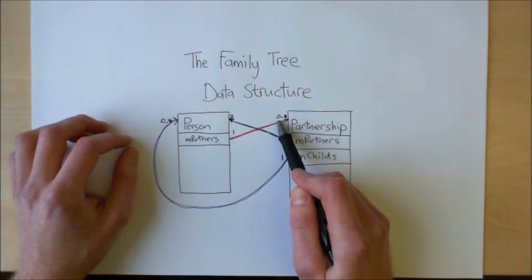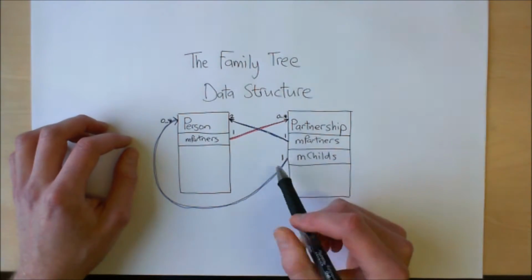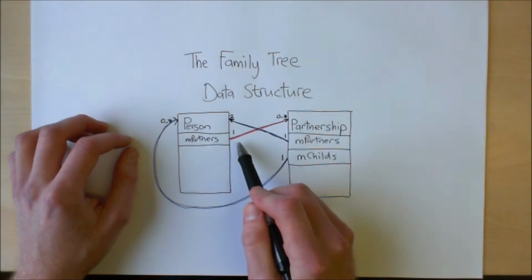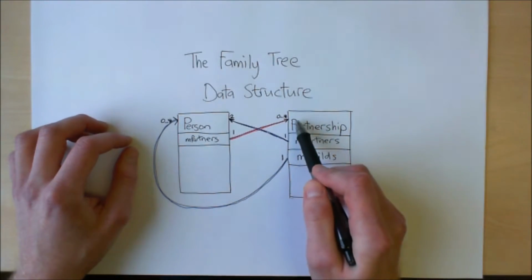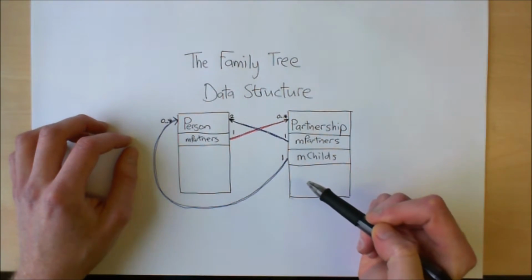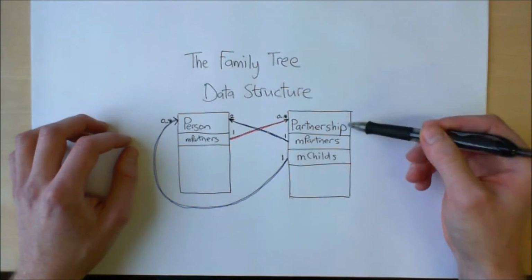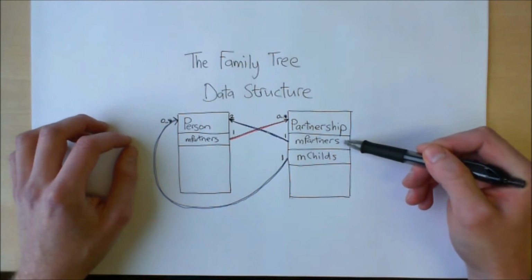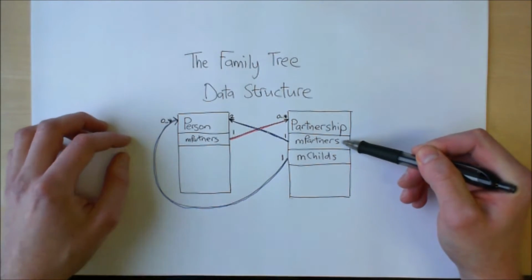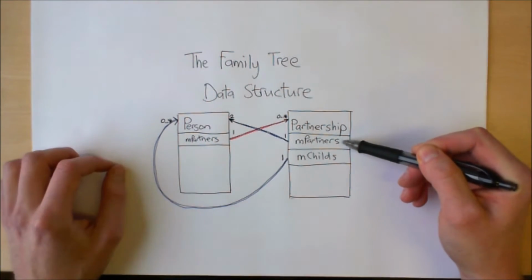They may also have no partnerships. So there are some individuals in the tree, such as Harry, who doesn't have a partnership, and therefore he is by himself. But it's that relationship. A person has one partnership. So the partnership object also has an array in it, which contains links to the two partners that are in that partnership.